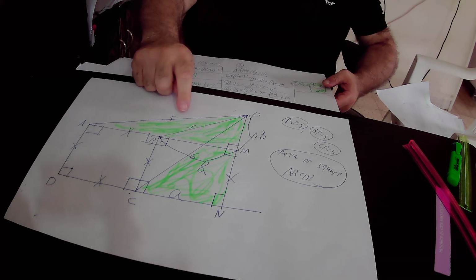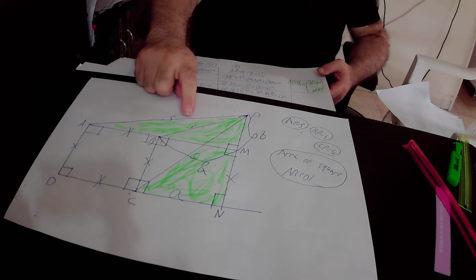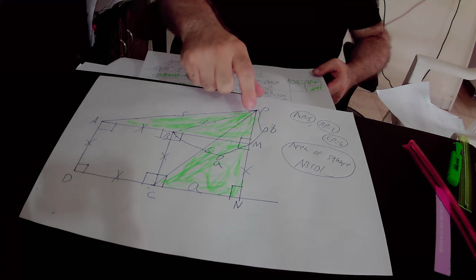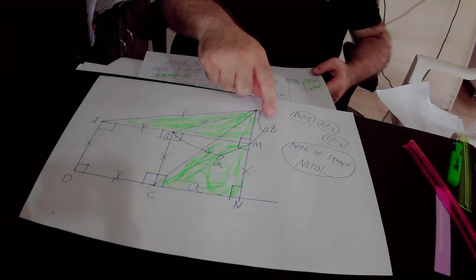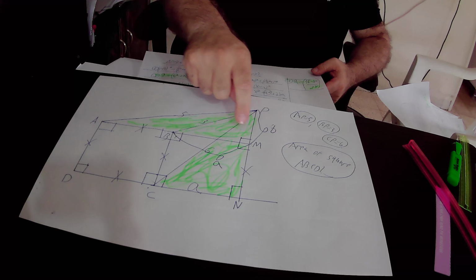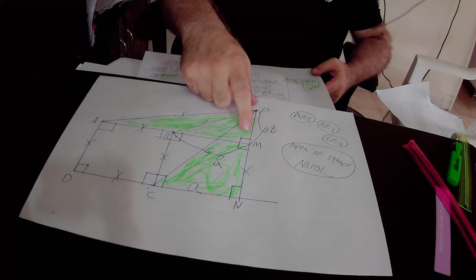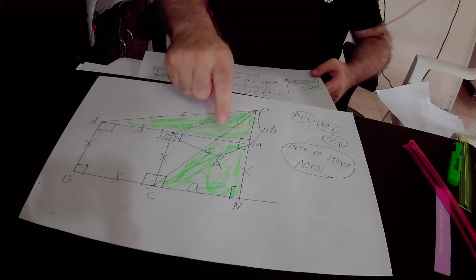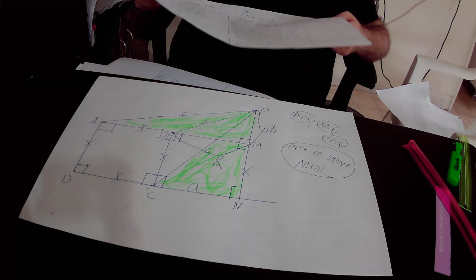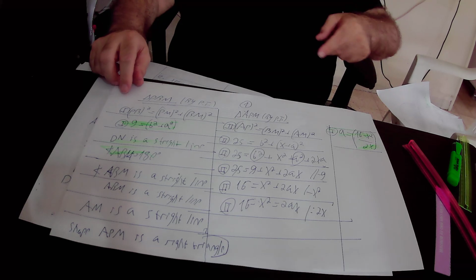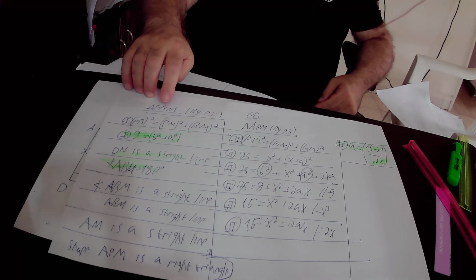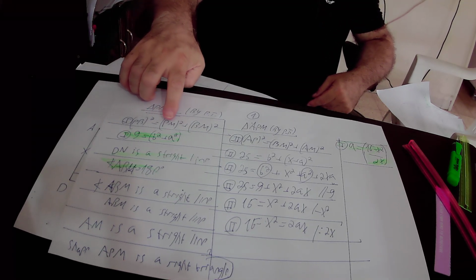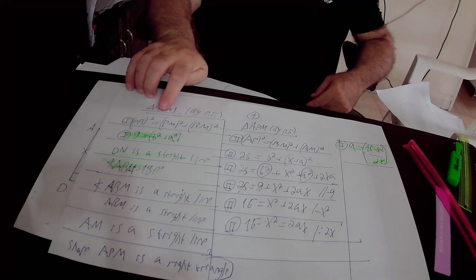PB equals 3 units according to what is given in the question, therefore PB square is 3 squared, that is 9, and it is equal to PM square, that is B square, plus BM square, that is A square. So in conclusion, according to equation number 1, 9 equals B square plus A square.